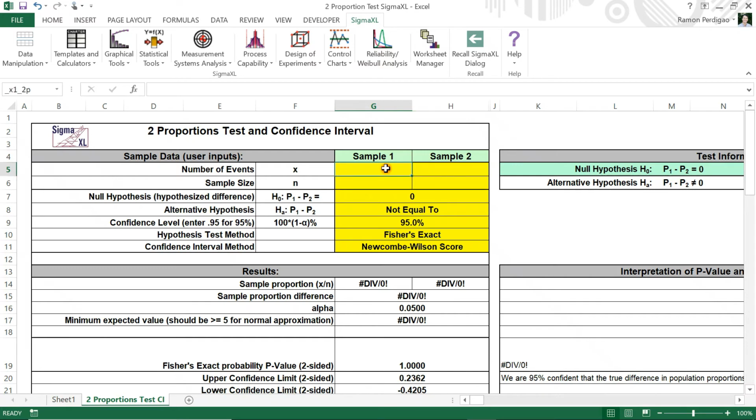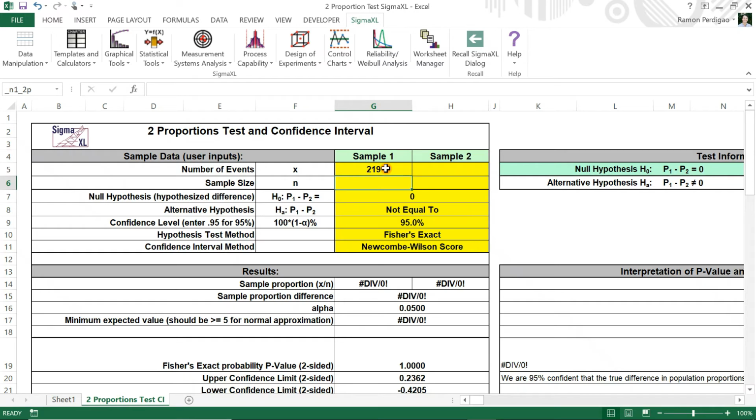So sample one is my 2016 year. Again, I'm trying to prove that 2016 is greater than 2015, so that will be my sample one. If you recall, we had 219 yeses, so events, or some software or some textbooks will call it successes.